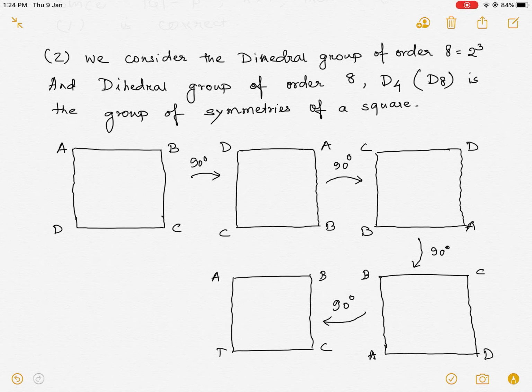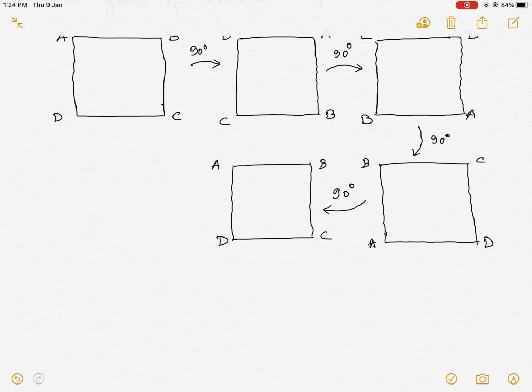A, B, C, D. So if we take R as the rotation of the square by 90 degrees in the clockwise direction, then from the operations that we have just seen, we can say that R is an element of order 4.